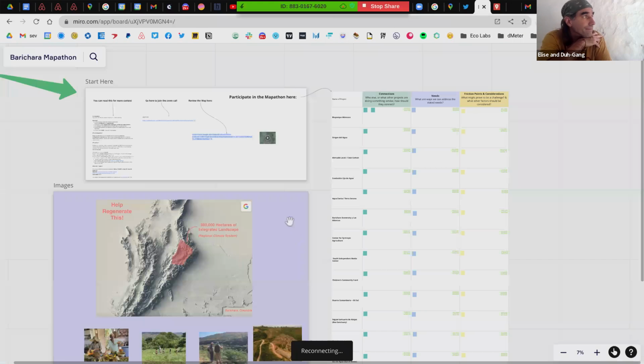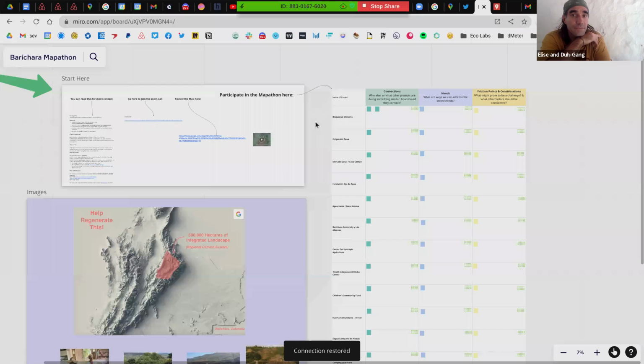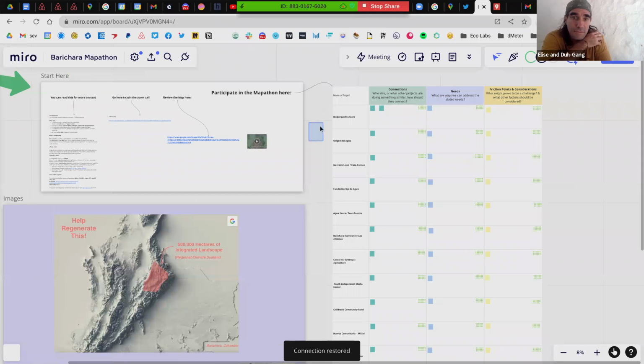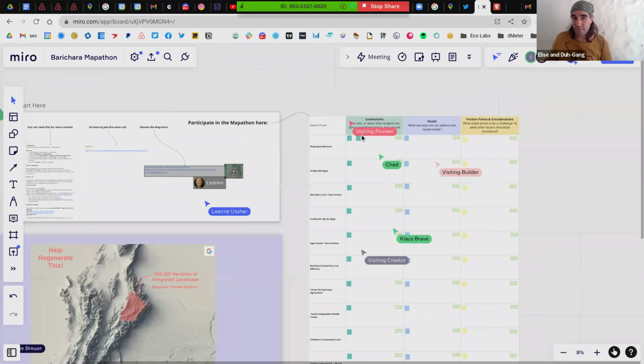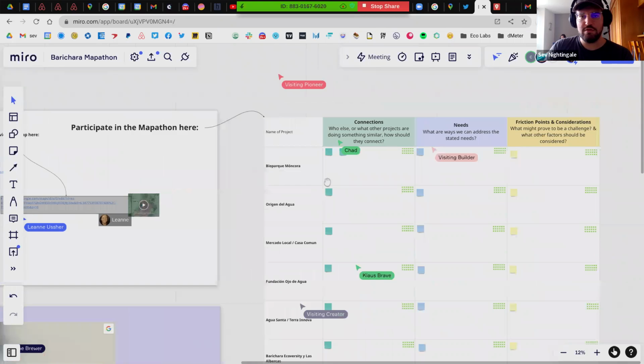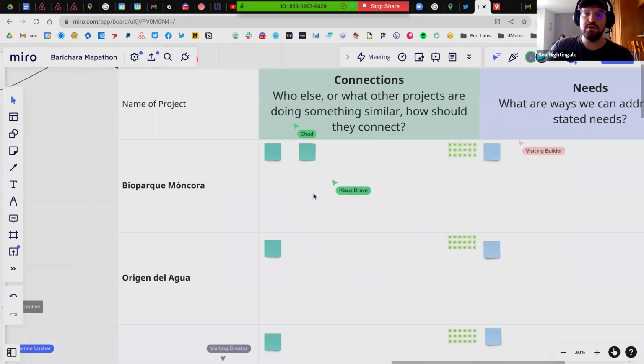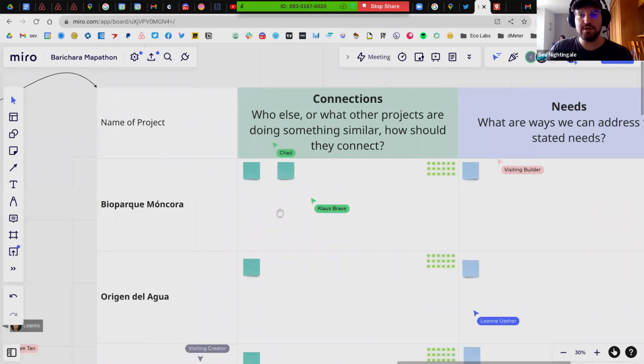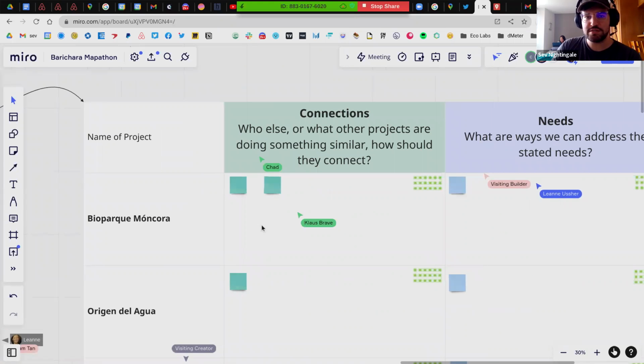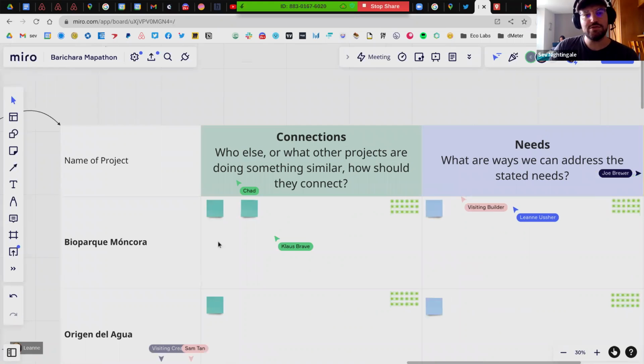Amazing. So let's spend some time here on the Miro board and think about what connections other projects have that are similar to this initiative in Biopark.